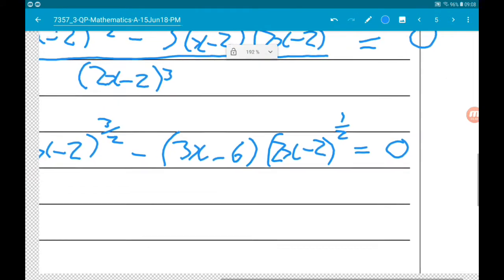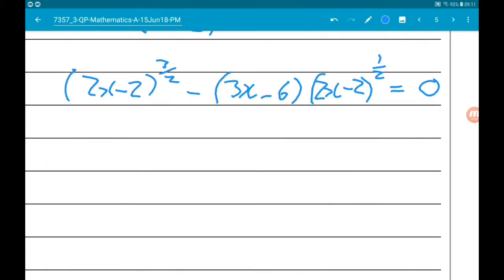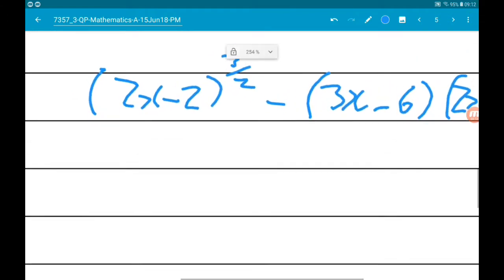Now we have a common factor of 2x minus 2 to the power of 1 half. So it might be tempting at this point to divide that common factor away, but if we do that, we lose a solution. So instead, we factor it out.